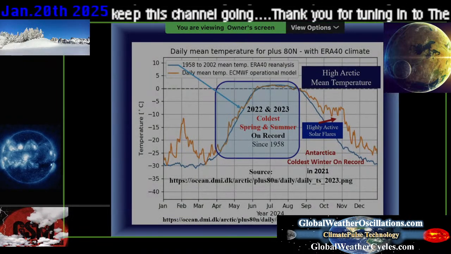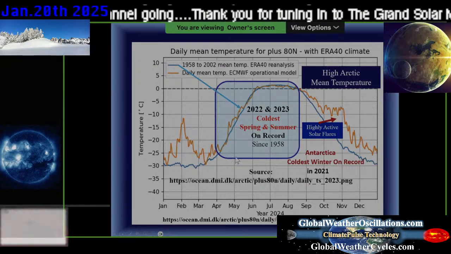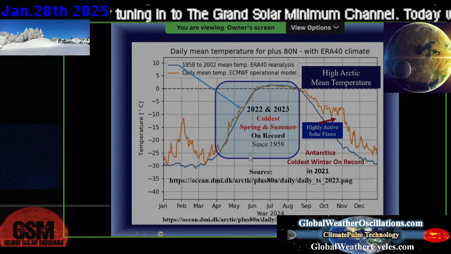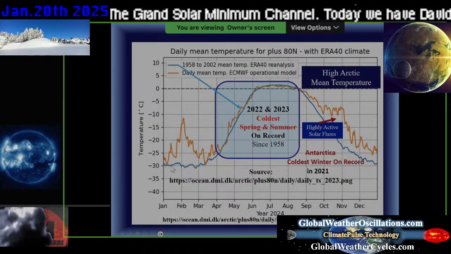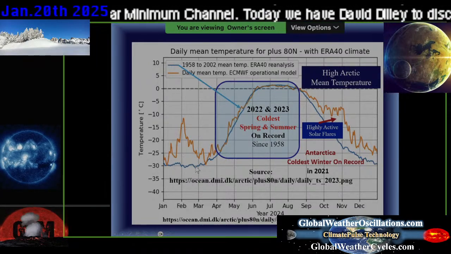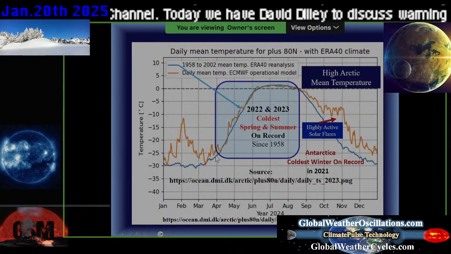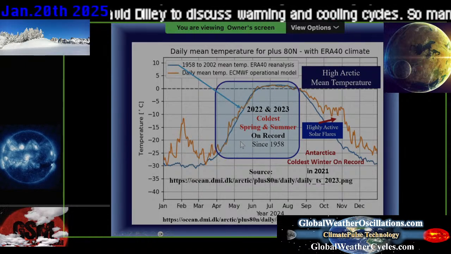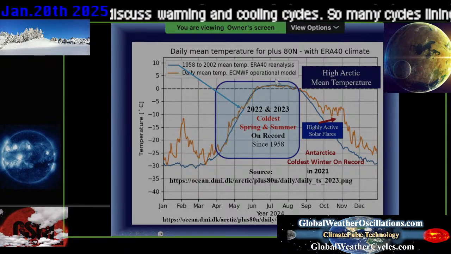And also on the solar cycles, what does it do to the high Arctic? Well, this is something I looked at, temperatures in the high Arctic. The blue line is the long-term average temperatures for the Arctic. And what I have in the shaded blue area, that's the spring and summer months.